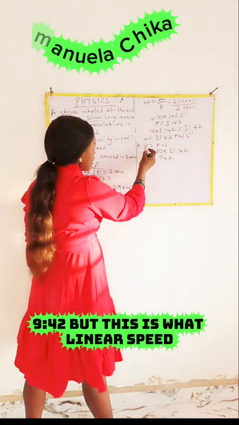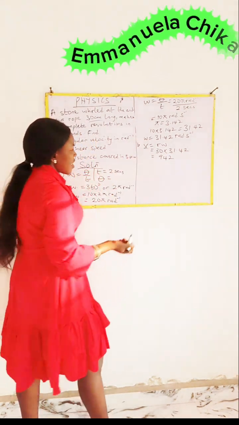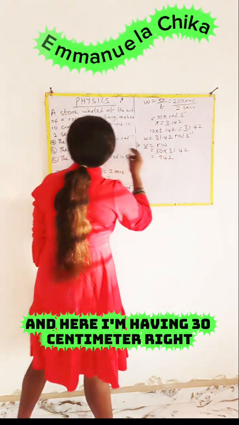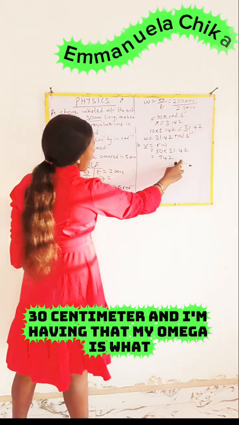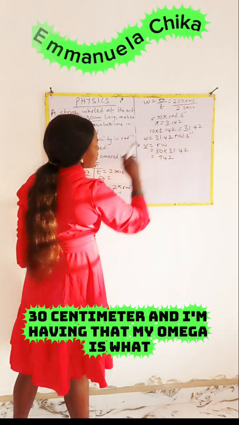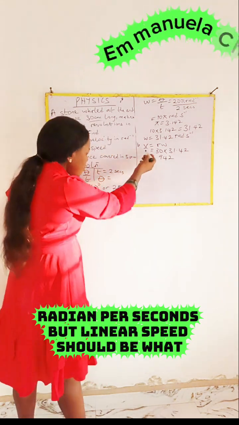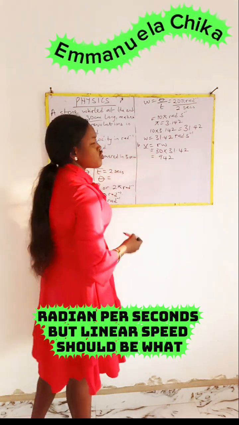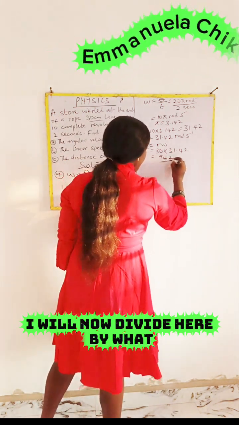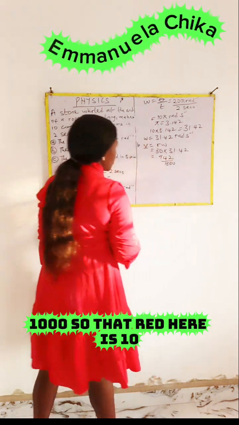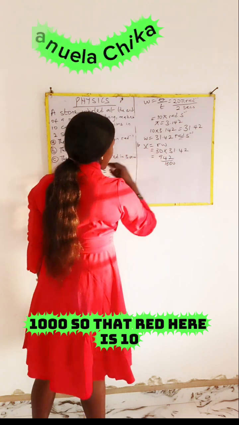But this is the linear speed in centimeters per second. Linear speed should be in meters per second. So what would I do? I will divide by 1000.